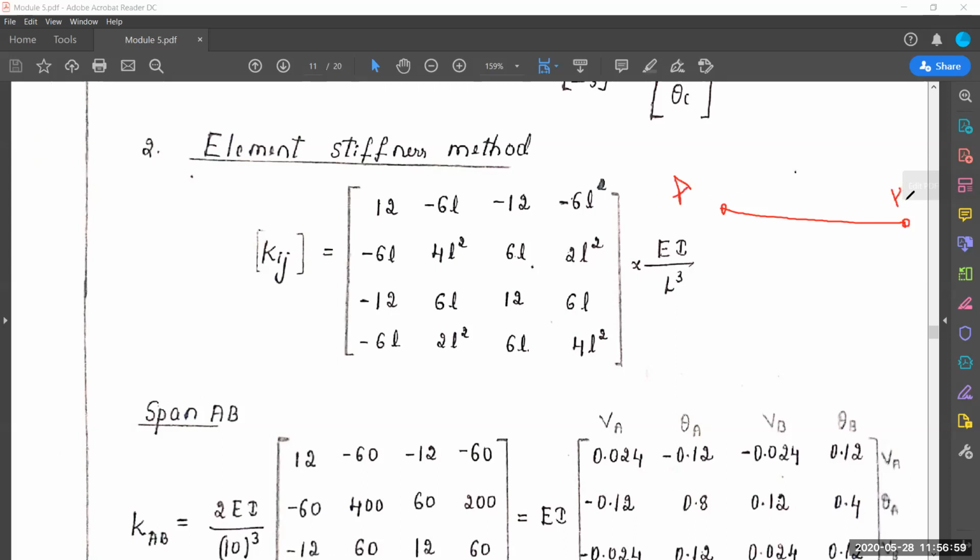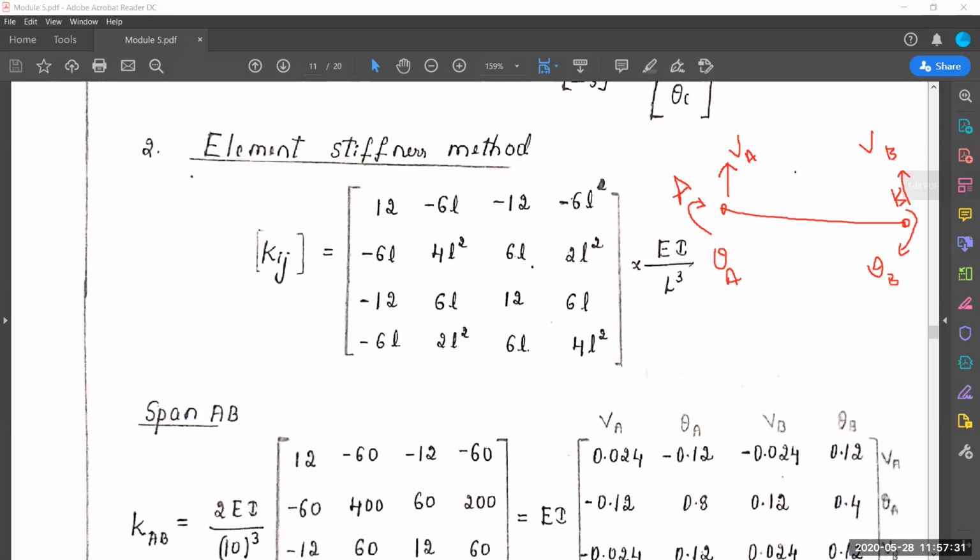So for span AB there will be VA, this is VB, and for this one again rotations will be there, theta A, theta B. Same formula. This formula you have to keep in your mind.